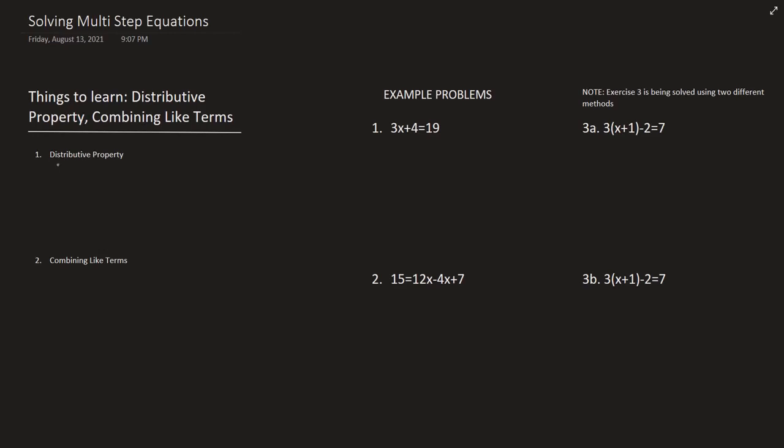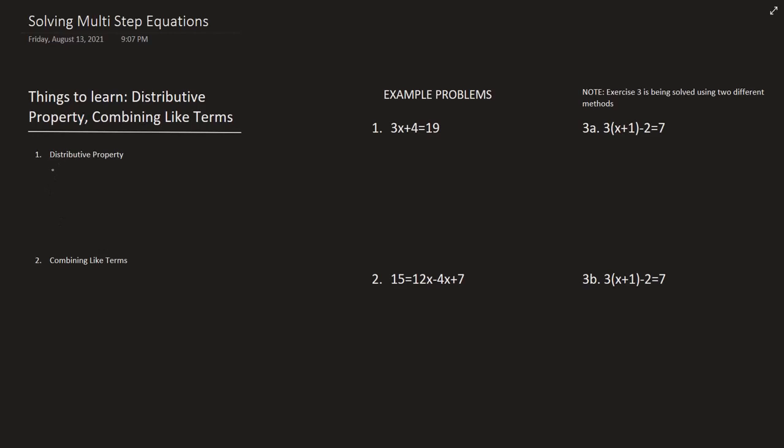So basically, the distributive property is a property where if a number is outside the parentheses, in which there is an expression, then the number outside the parentheses can be multiplied to each of the terms within the parentheses, which is equal to the whole expression.